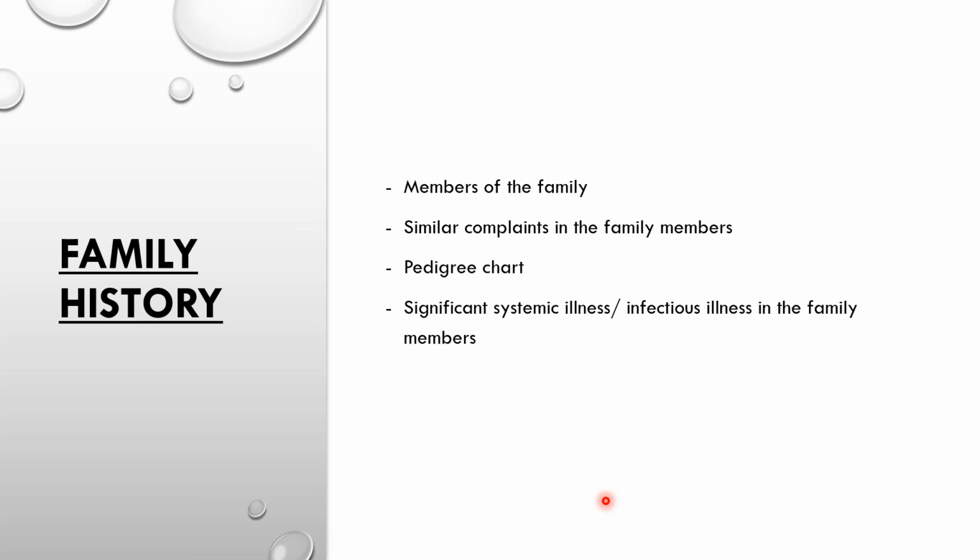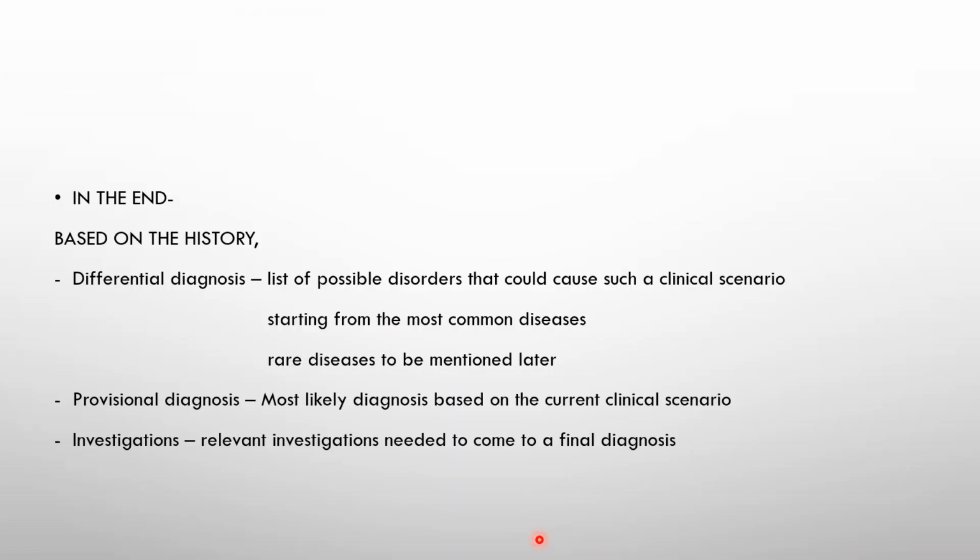And they say, yes, my wife had TB so many months or years ago. Then you know that on top of your differentials, you have to keep this as one of the etiological factors for the onset of this anterior uveitis that has presented to you. Other than that, if it's a hereditary disease, then you have to be able to draw a pedigree chart for it. Then that brings us to almost the end of it.